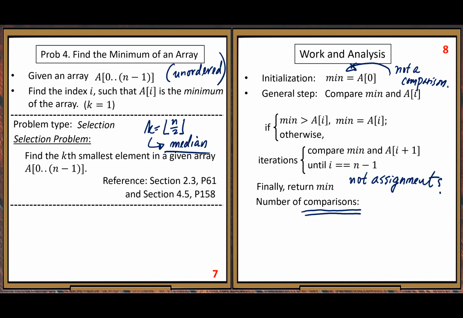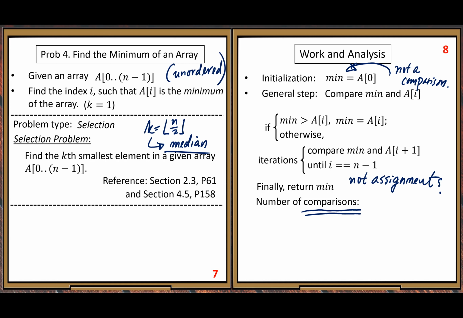Now, Jeanette got the correct answer, n-1 comparisons. But not assignments, right? Assignments and comparisons are two different operations. Here, we like to count the number of comparisons because we feel the number of comparisons is a better measure than the number of assignments.